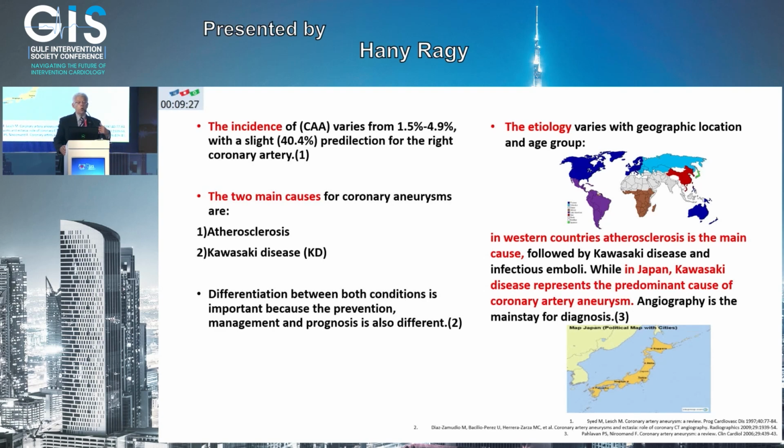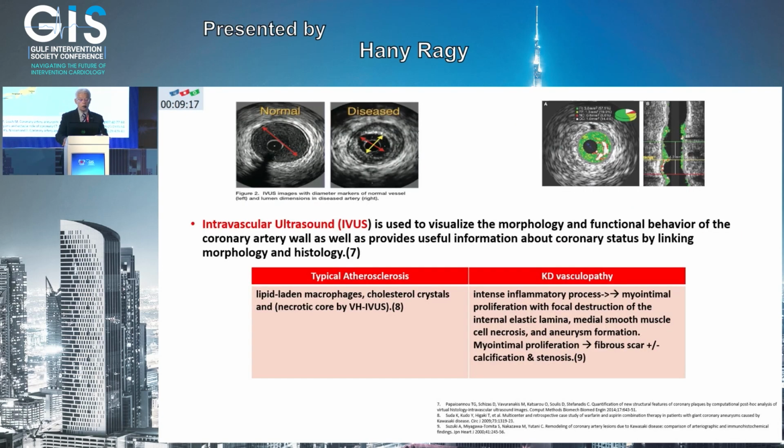People assume that Kawasaki is only a disease of Japan, but we know now that we have a lot of undiagnosed Kawasaki in our area of the world as well. Certainly Egypt has Kawasaki. IVUS was used in that study to visualize the morphology for the difference between Kawasaki vasculopathy and typical atherosclerosis.